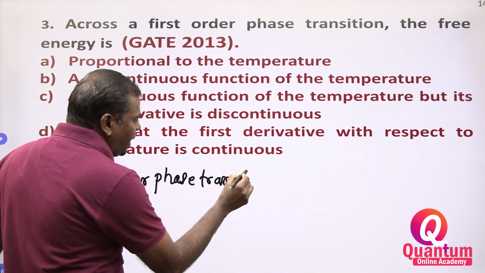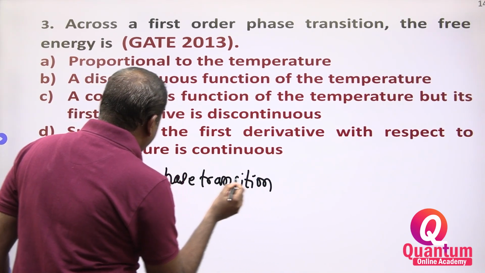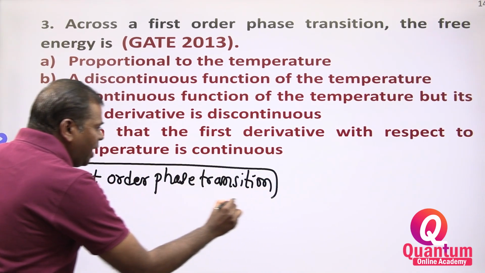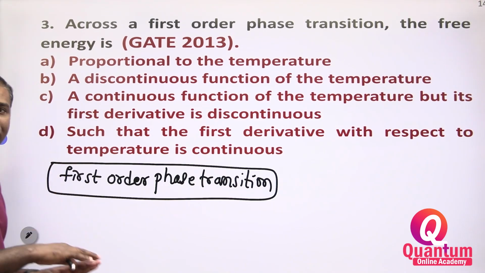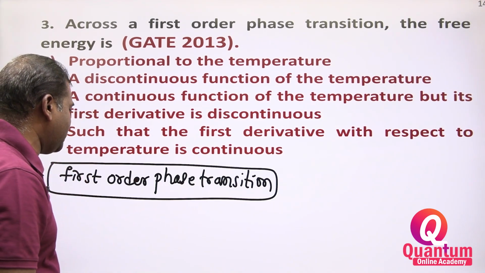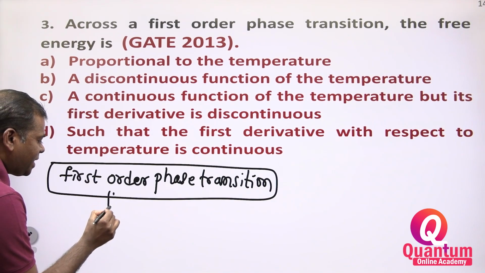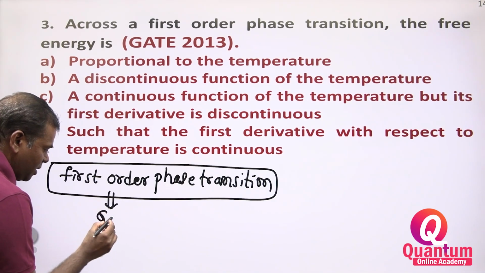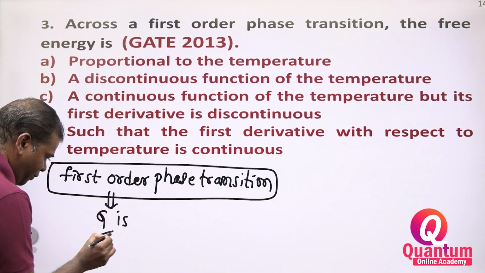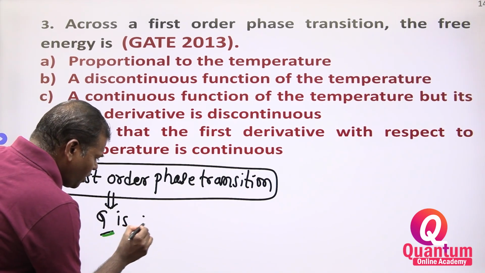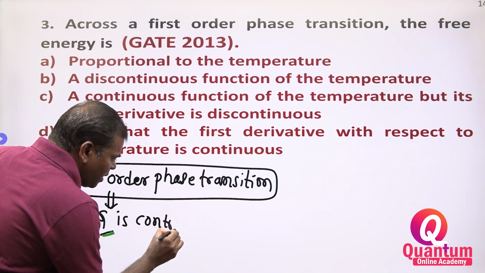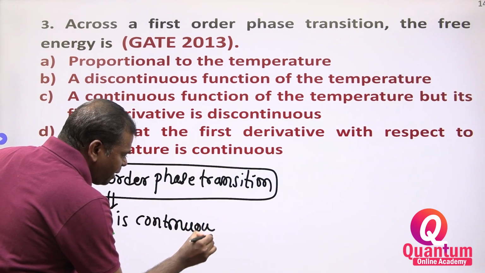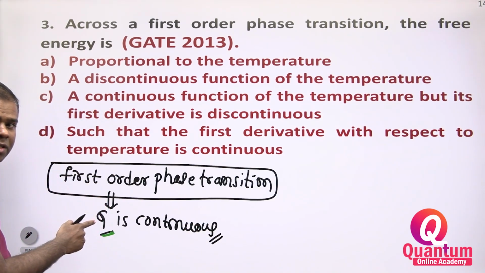You will get compulsory questions in any competitive exam, not only CSIR or GATE. In any competitive exam, without phase transition, the question paper won't be there. What it indicates is that the Gibbs free energy is continuous.